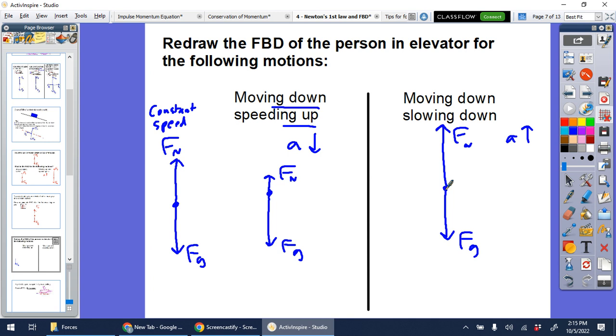You feel normal weight, just like standing still right here. So hopefully next time you're in an elevator, you'll recognize the sensations of feeling heavy or light. Well, this is what's going on from a physics point of view. So think about that next time you're in an elevator.